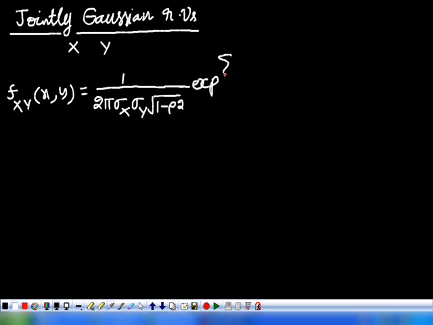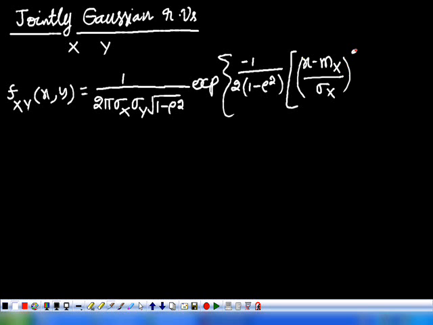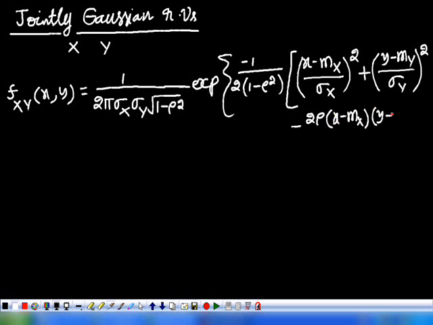This is e power minus 1 by 2 times 1 minus rho square, multiplied with (x minus mx by sigma x) whole square plus (y minus my divided by sigma y) whole square minus 2 rho into (x minus mx) multiplied with (y minus my) divided by sigma x sigma y.